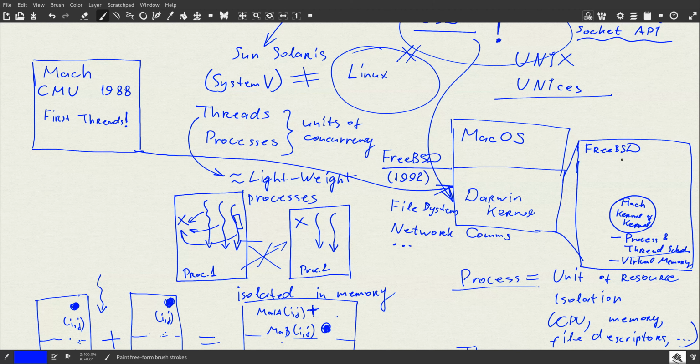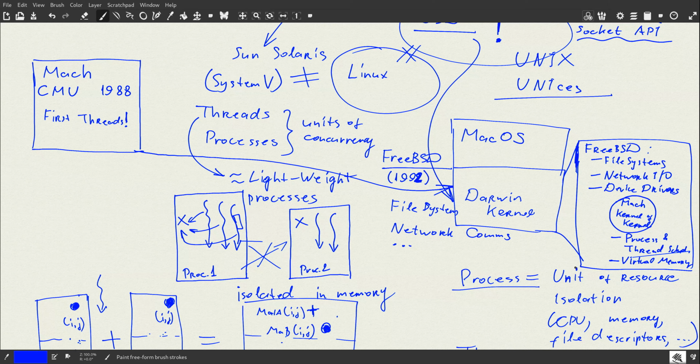As we said, from FreeBSD come file systems, network I/O, and some device drivers, whereas other device drivers are not present in FreeBSD and were developed specifically for Darwin. Okay, that's how it looks like.